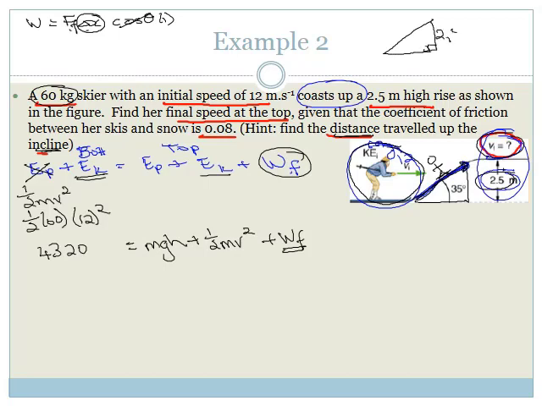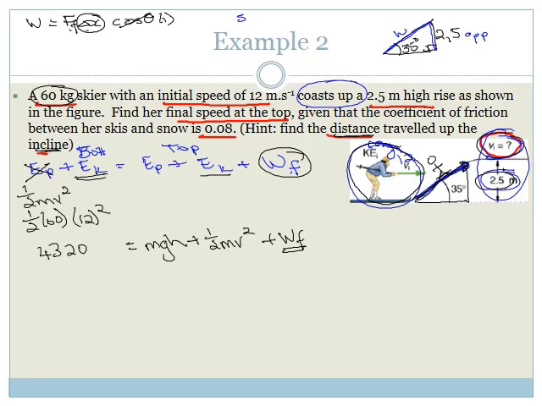This is 2.5 meters. And this is an angle of 35 degrees. So therefore, if I want this distance here, which is the distance that she basically coasted up, we would be looking at the hypotenuse. And this is the opposite side.